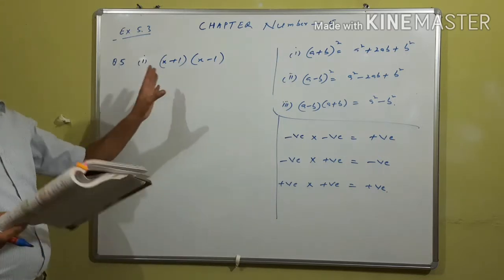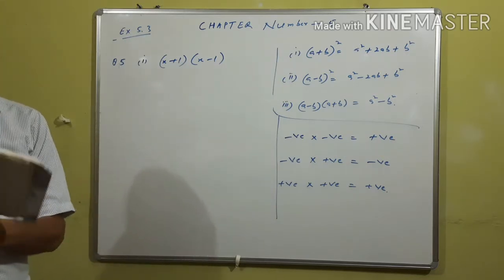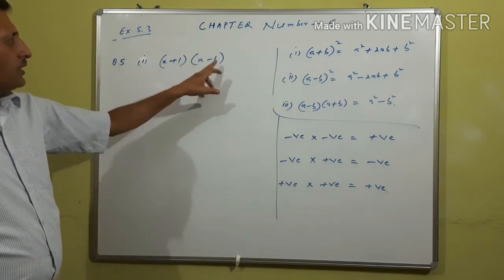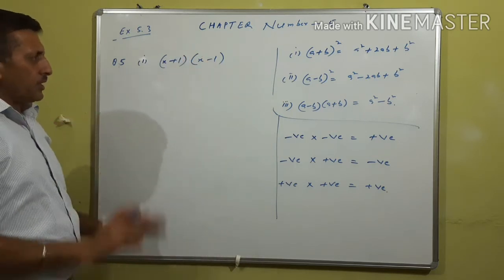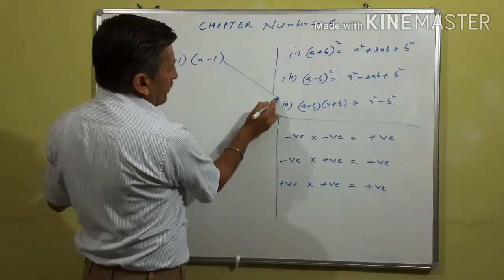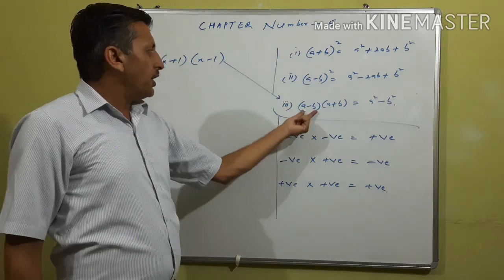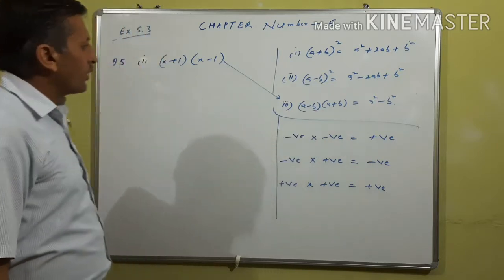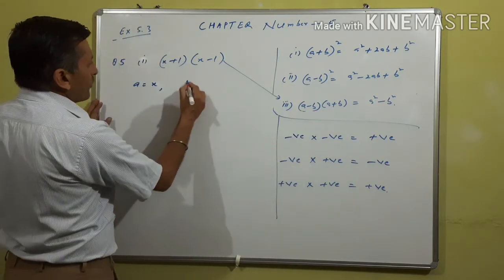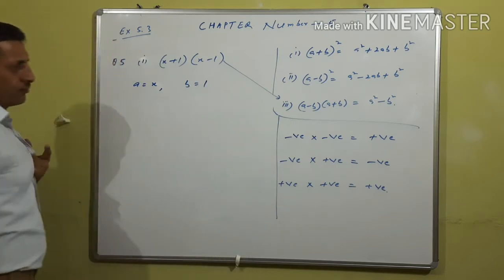Either it is x, y, z, or any variable, and here it is 1, either 2 or 3, no matter. Just compare the question with identities. It is similar to the third one, this one. Here it is (a minus b) into (a plus b). So clearly a is equal to x and b is equal to 1.